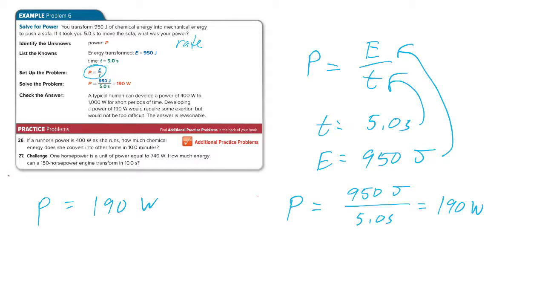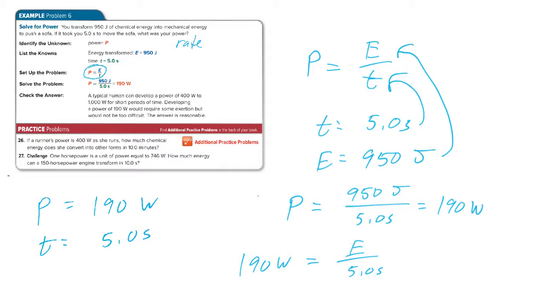And if we said that 190 watts occurred over a time of 5 seconds, you'd have a different equation. Well, not really a different equation, but you have different numbers. You would have 190 equals E over 5 seconds. So now you've got to do a little bit of algebra here.